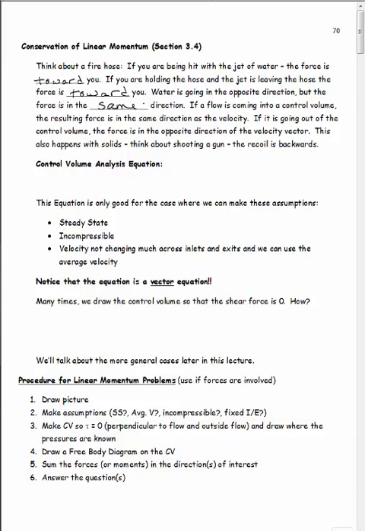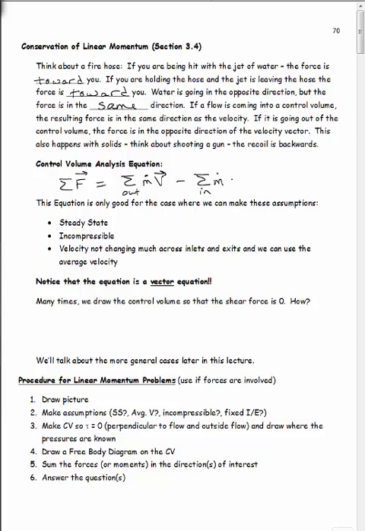Okay, so starting with the very simplest case of our control volume equation. Remember, all those pressure, shear, etc. forces are still there, plus you have the momentum due to velocity. So the way we can write it is the sum of the forces, those pressure, etc. forces, are going to equal the sum at the outlets of m dot v minus the sum at the inlets of m dot v.